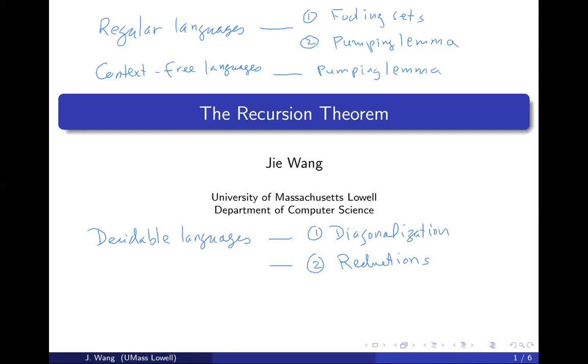For regular languages, we know that they are the languages accepted by DFA, deterministic finite automata. And we also know that in terms of acceptance, DFA is equivalent to NFA.